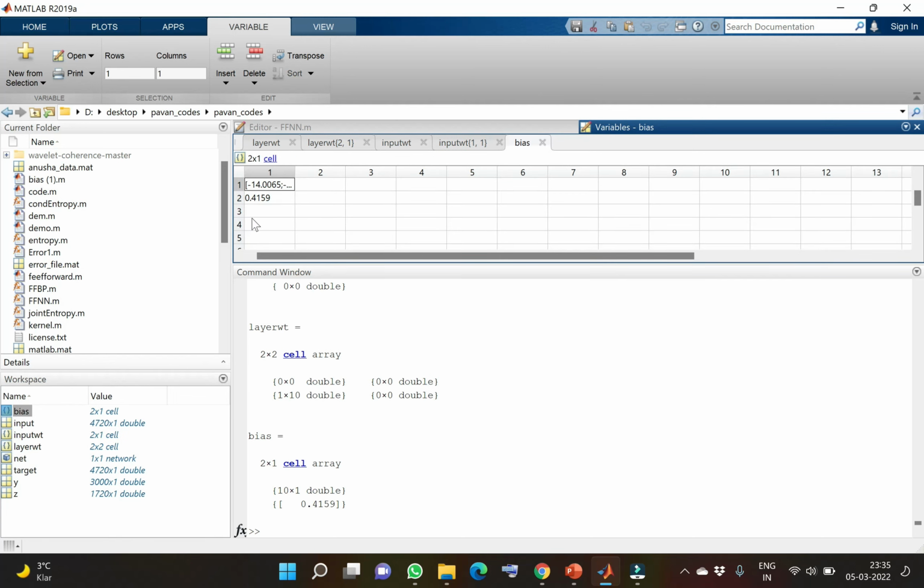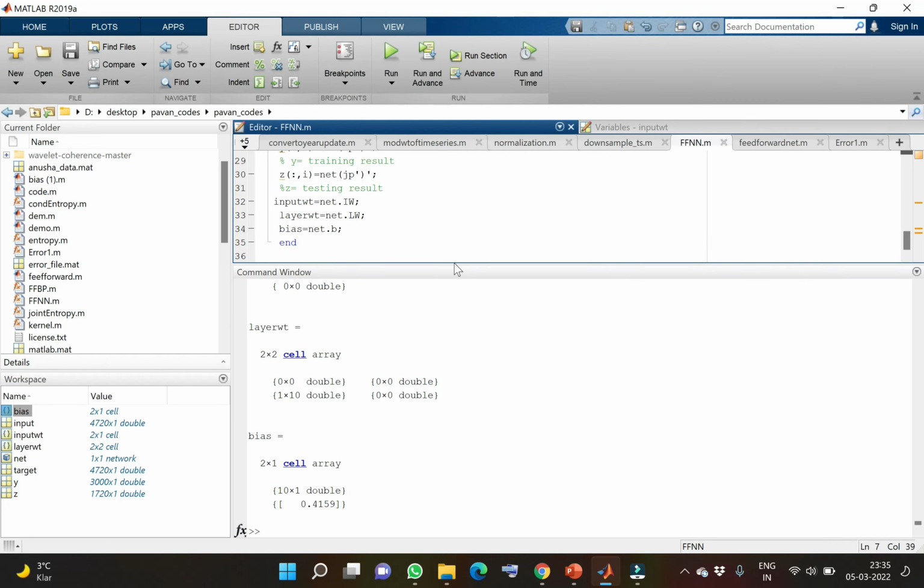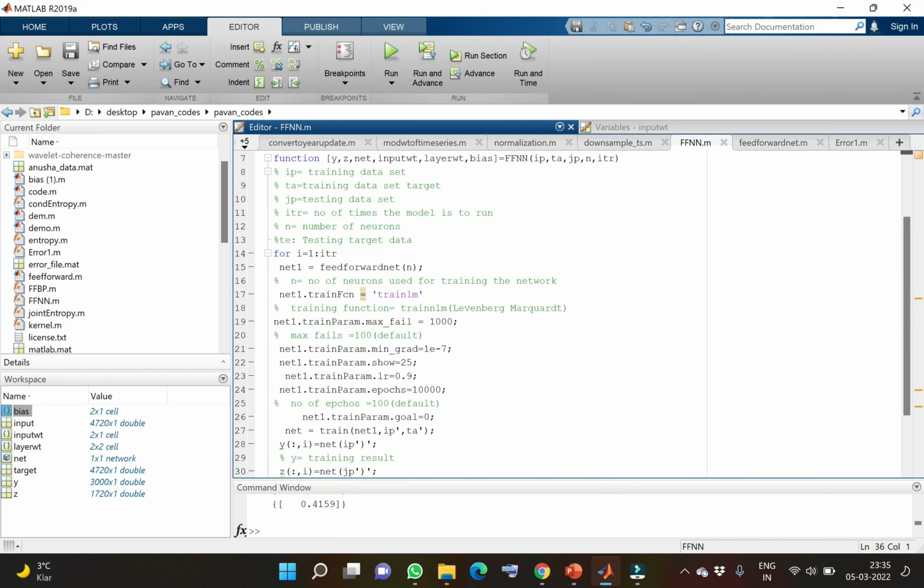Similarly, for the bias components, these are the input biases, 10, and the second one here is the layer bias. So this is how we can modify the code so that we are able to see the input weights, layer weights, and bias weights.